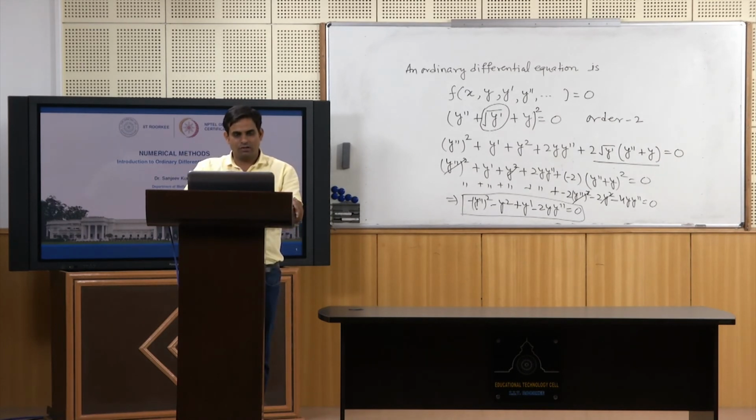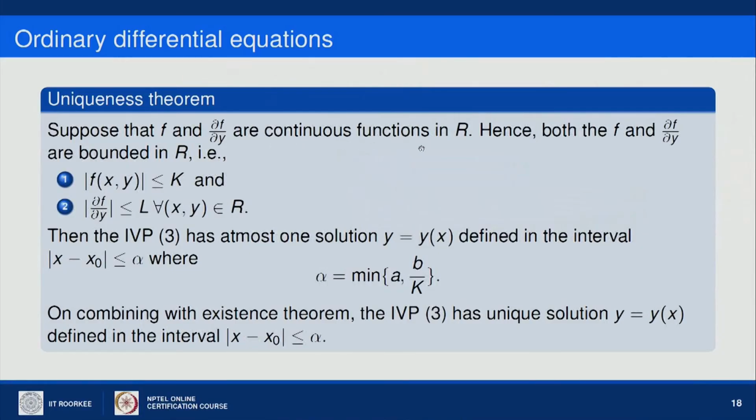So, for uniqueness, suppose that f and del f over del y are continuous functions in R, hence both f and del f over del y are bounded in R. This means f of x, y is bounded by k, and del f over del y is bounded by L in R. Then the initial value problem has at most one solution.